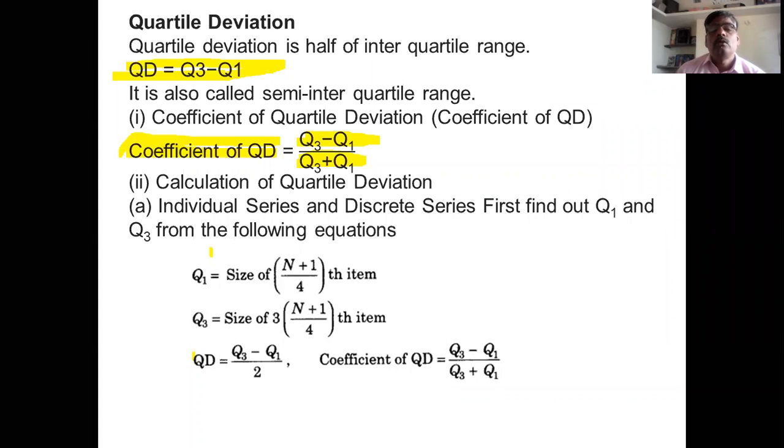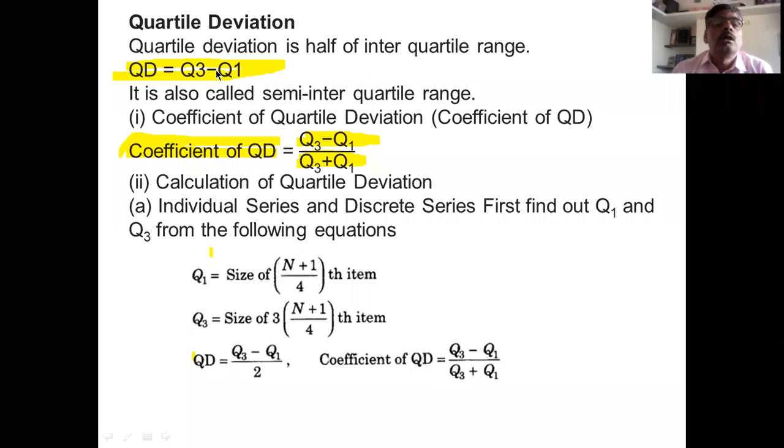Then QD is equal to Q3 minus Q1 divided by 2. Then the coefficient of quartile deviation is equal to Q3 minus Q1 divided by Q3 plus Q1.